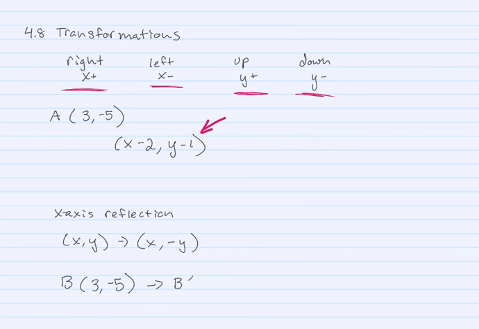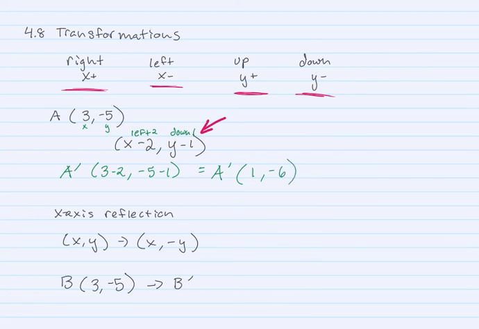So if I wanted to shift my graph, this would mean left 2 and down 1. That's what that would mean. So I simply take my x value and my y value, and this is going to be my new point, a prime. So I do 3 minus 2, comma, y, which is negative 5 minus 1. So your a prime, your new point, your image, is 1 comma negative 6.